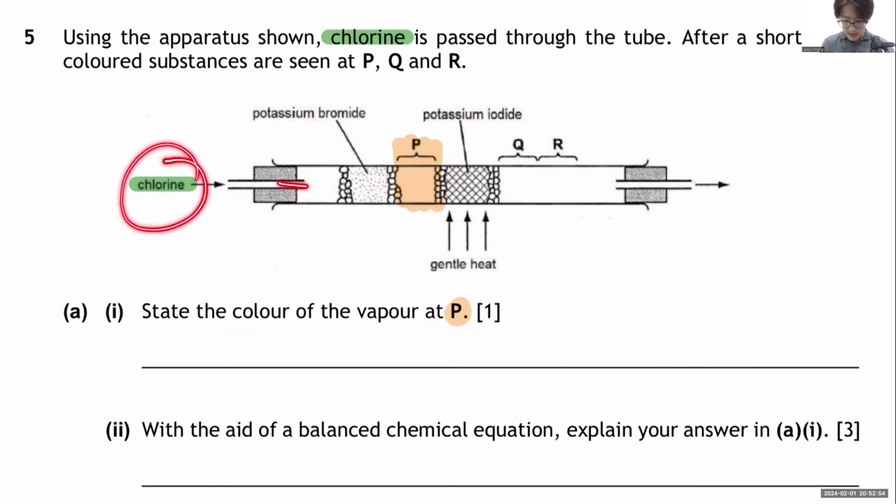When chlorine passes through potassium bromide, is chlorine going to fight potassium or chlorine fight bromine? Bromine. So who is more reactive? So chlorine can kick away bromine or not? And so when it kicks away, who is the lonely one left?